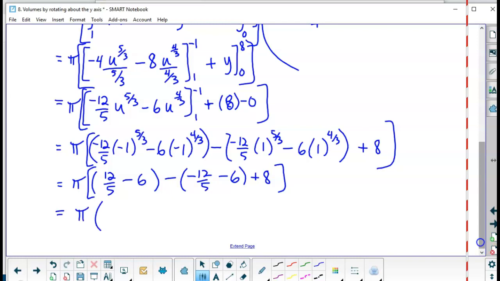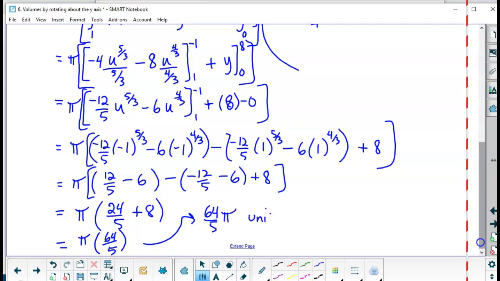So 12/5 plus 12/5 is 24/5. Negative 6 plus 6 is 0, plus 8. So that's going to be pi times 64 over 5. So the volume is 64 over 5 pi units cubed.